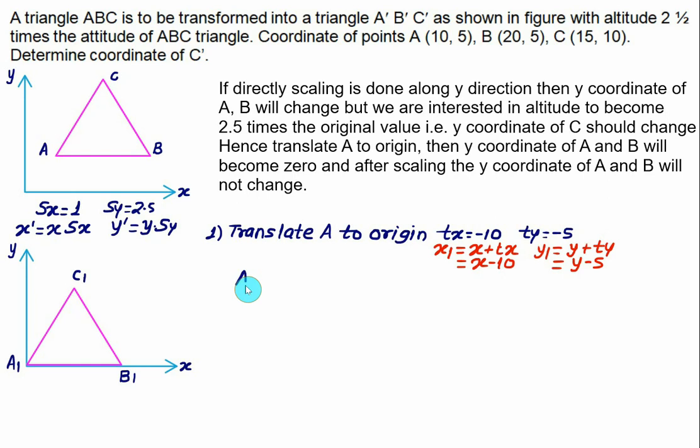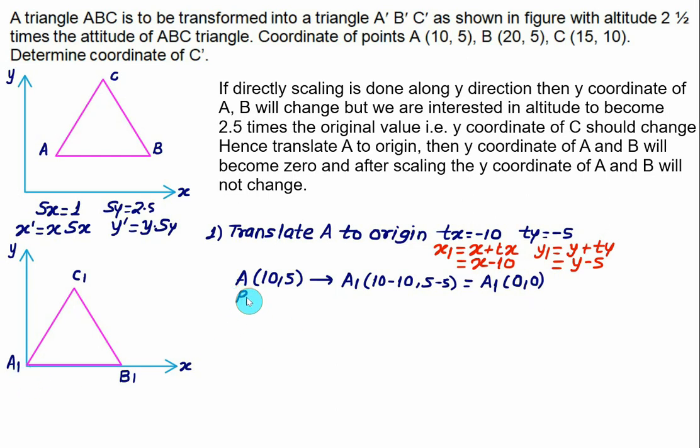So the original coordinate of a is 10, 5. This point will become a1 as 10 minus 10, 5 minus 5. So a1 is 0, 0, as shown in the figure.